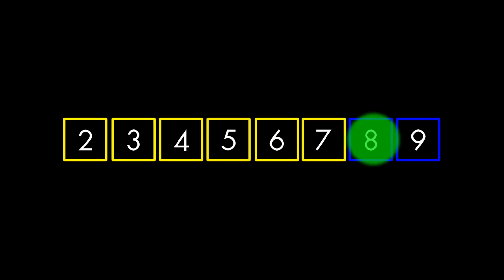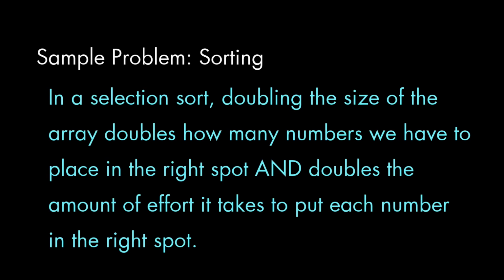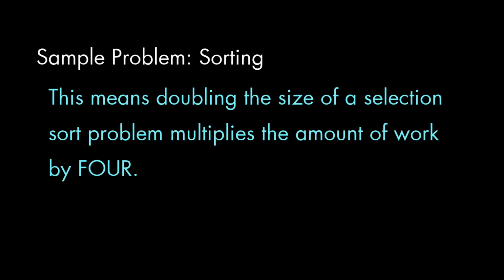In the latter case, we of course have twice as many numbers to sort, so right away that looks like twice as much work. But at each step, we also have twice as many numbers to look through to find the smallest unsorted number. Because we are doubling in 2 dimensions, when we double the size of the sorting problem, our selection sort time will increase by a factor of 4.